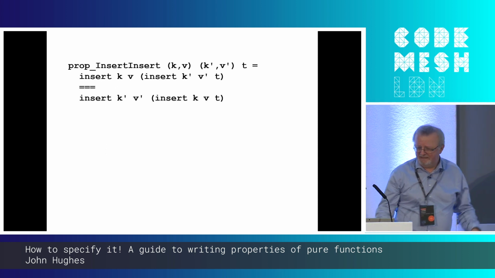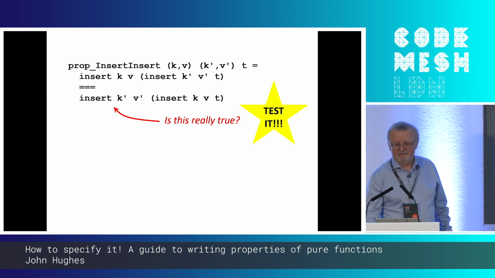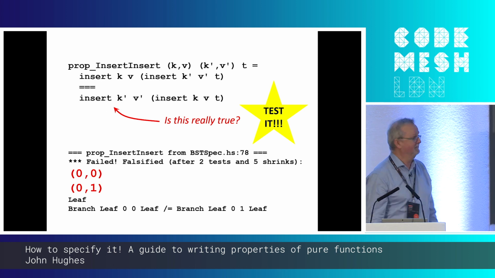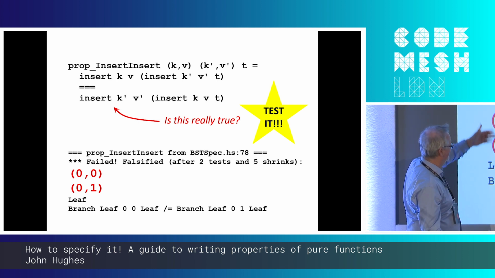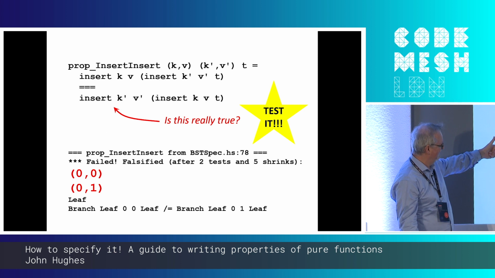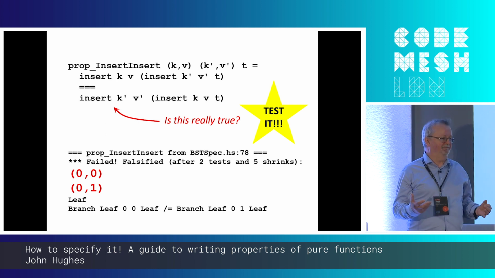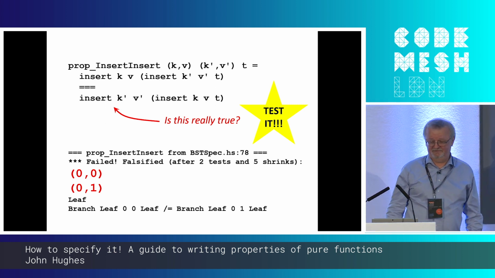Okay, so there might be a small problem. Let's just test it and see. So if I do that, oh, it's not true. Why isn't it true? Because in this case, where we insert the same key twice, then the second insertion wins. Oh, well, okay, that's a special case that I didn't think about when I was drawing the diagram on the first slide.